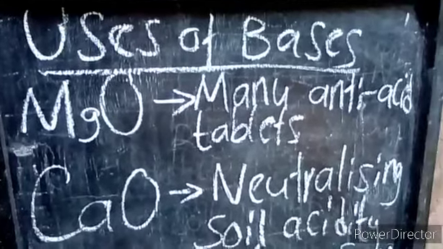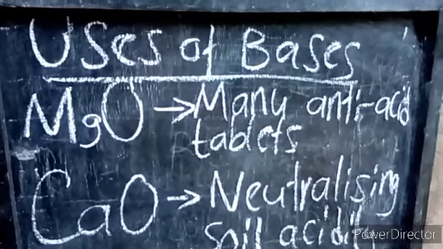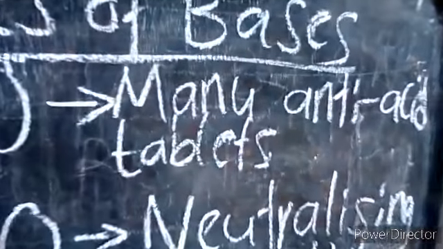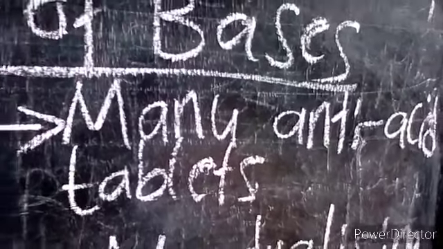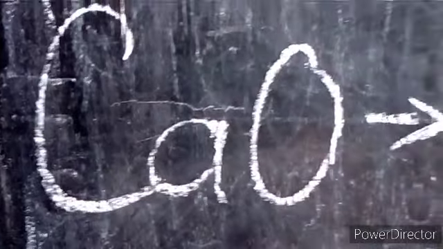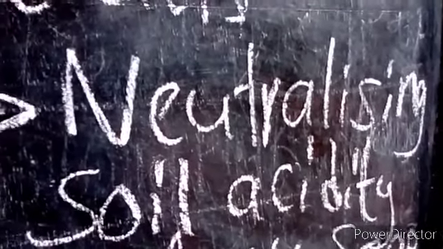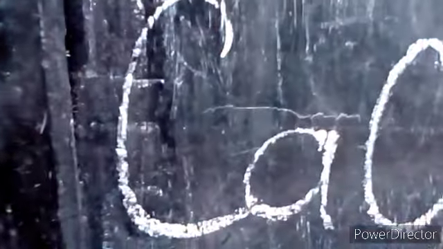Now the next thing is the uses of bases. Under the uses of bases, we have magnesium oxide as an example of a base. It's used in manufacture of anti-acid tablets. Then the next one, we have calcium hydroxide, which is used in neutralizing soil acidity. For instance, if the soil has a high level of acidity, the calcium hydroxide is added to reduce the acidity of the soil.